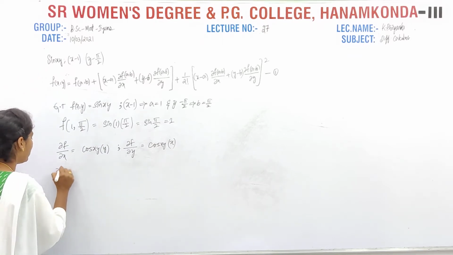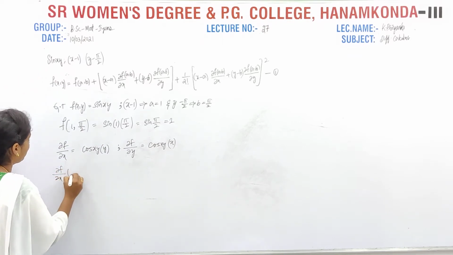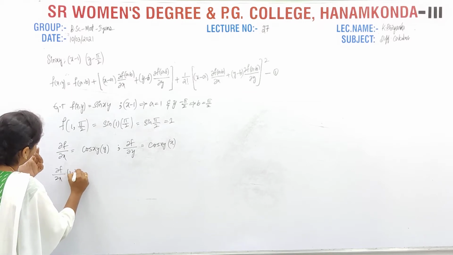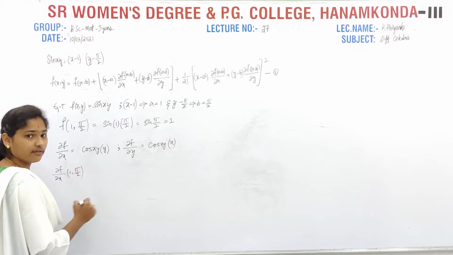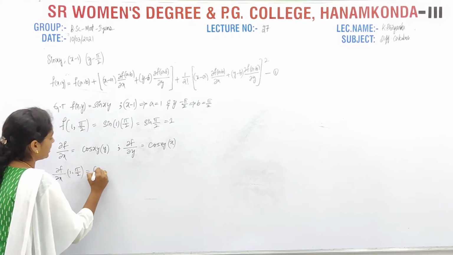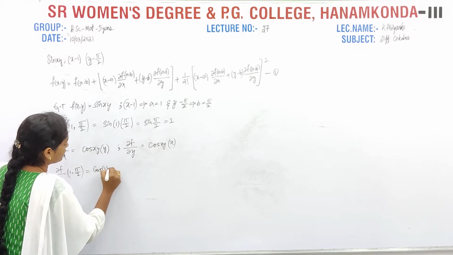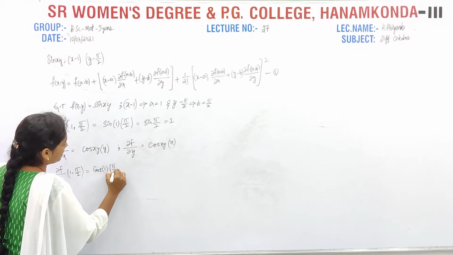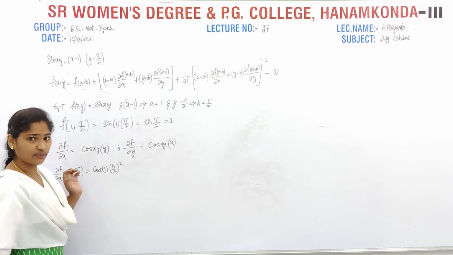Now dou f by dou x at the point 1 comma pi by 2, where the x value is 1 and the y value is pi by 2, is cos of 1 into pi by 2, into y, that is pi by 2.